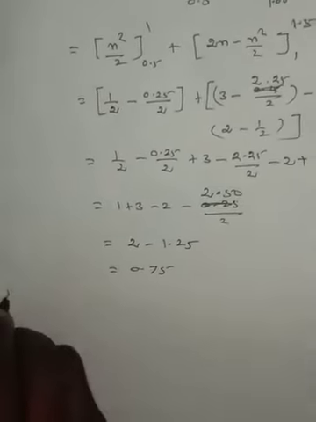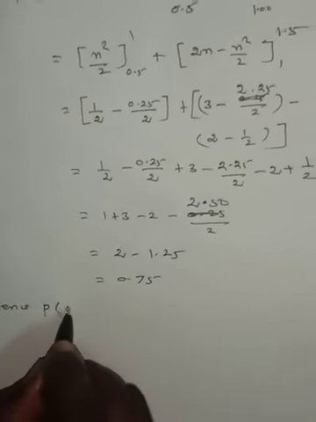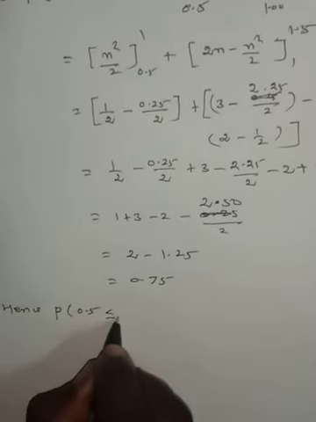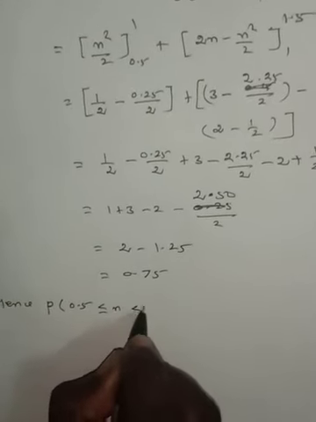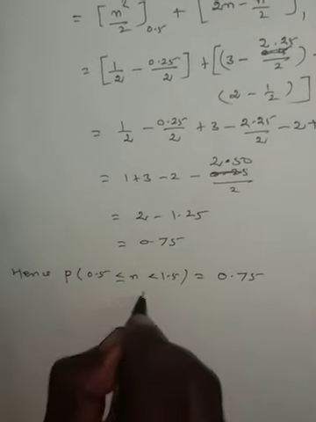Hence probability of 0.5 less than or equal to x less than 1.5 is equal to 0.7.